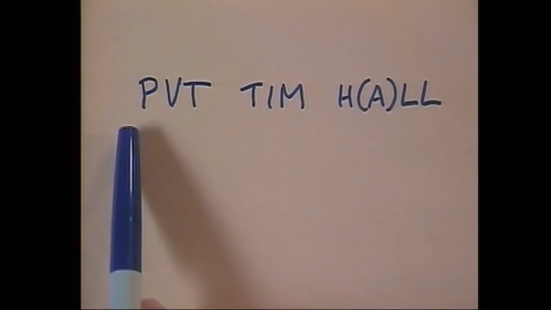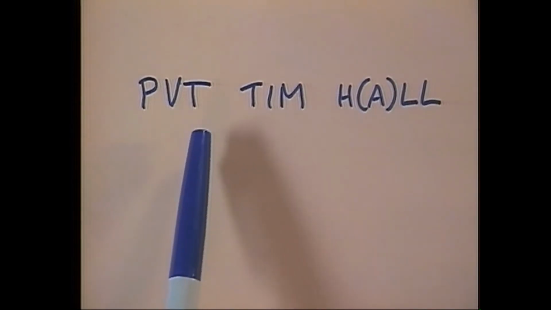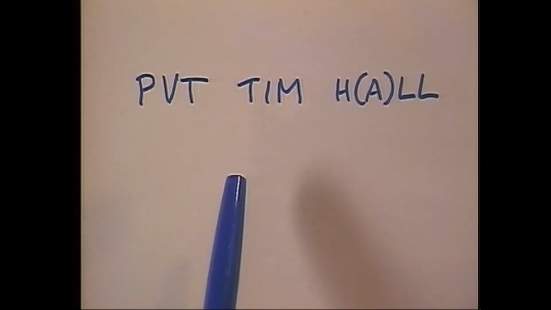So we have phenylalanine, or P, valine, or V, tryptophan, or T. Let me fumble around here to try to look this up. I can't remember what the other one was. Tryptophan. All right.